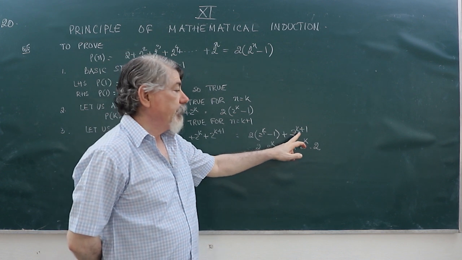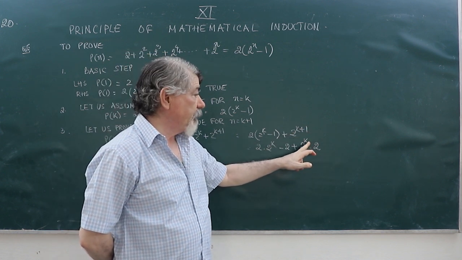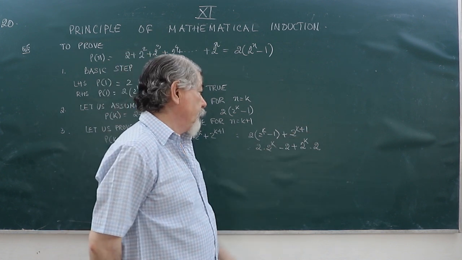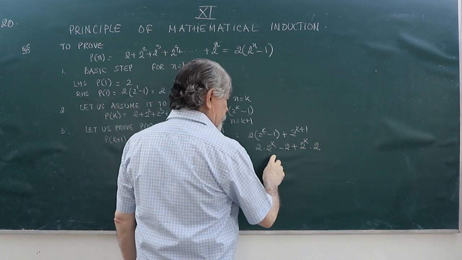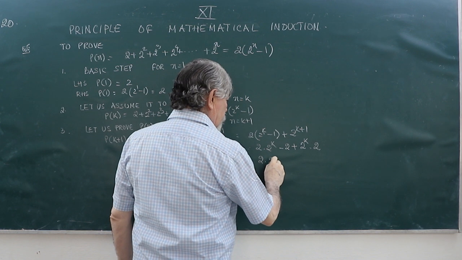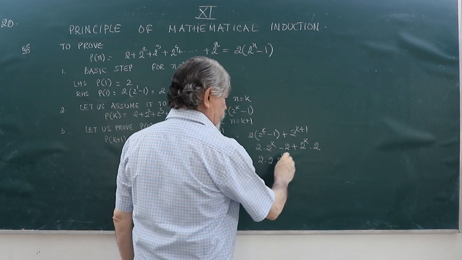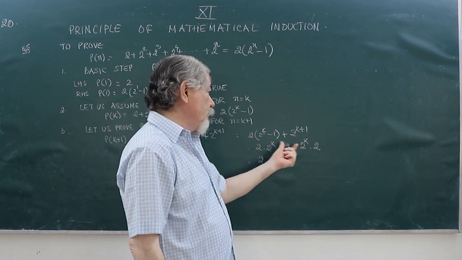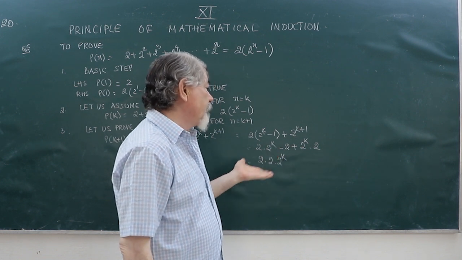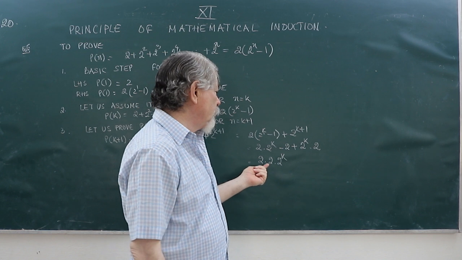I broke it up: k plus 1 I wrote as 2 to the power k times 2. Now these two can be combined as they are the same, so 2 plus 2 is 4. So I get 2 to the power 2.